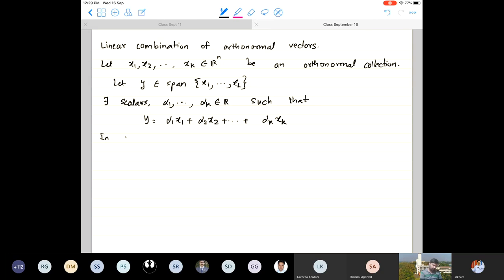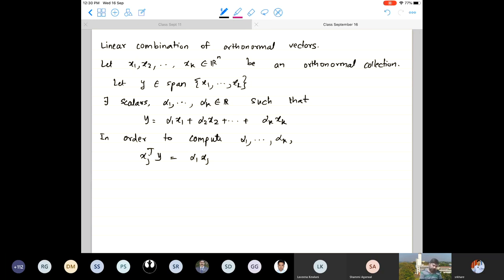So in order to compute alpha 1 up to alpha k, what do we have to do? We do a very simple trick. I do xj transpose y. I take the inner product with respect to vector xj on both sides.